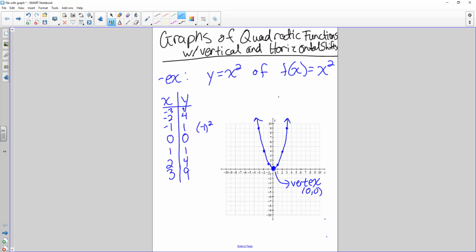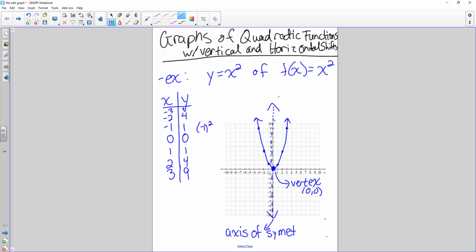The other thing to pick out is that if I had a line and I folded this parabola in half, it would be the same on both sides. I'm going to draw a dotted line down the middle. This dotted line that I just drew is called the axis of symmetry.